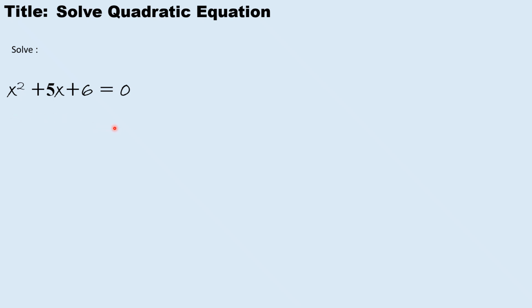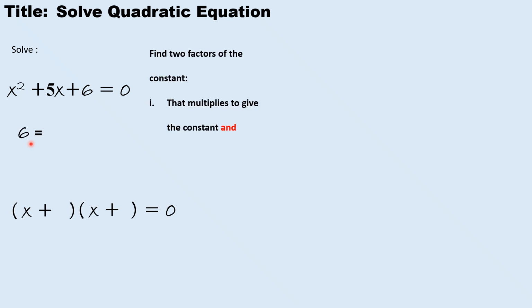Let's start. First, find two factors of 6 that multiply to give 6 and add to give 5. So two numbers that multiply to give you 6 are 2 multiplied by 3.